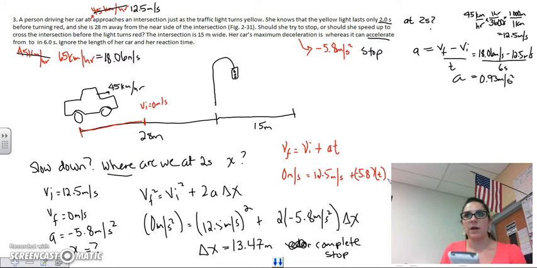Solving for that, 12.5 divided by 5.8 will give us 2.1 seconds to stop. So what that means is it'll take us 2 seconds to stop about right here, and we'll be in front of the red light, which is what we want.